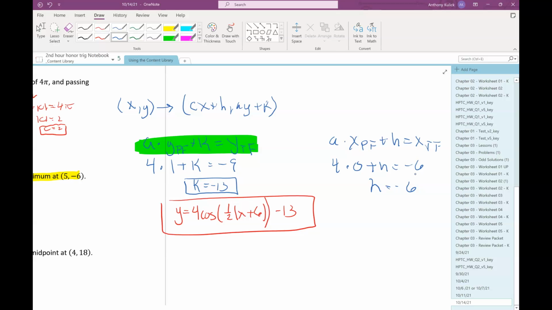Elizabeth. So you always use 0, 0 for the parent function and its sine? Yes. Let me just clarify the logic here. I want to use a point in my parent function whose x-coordinate is 0. So if the point in my problem is a minimum, I'm going to use 0, 1 and use cosine, because I have to have an extreme point to match up with an extreme point.